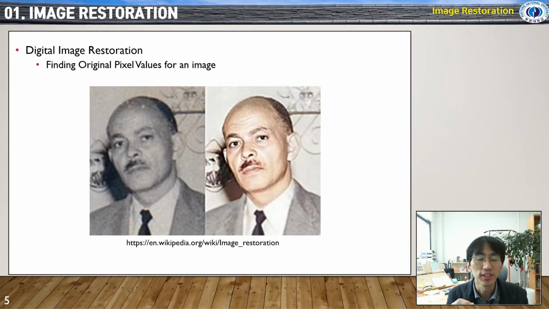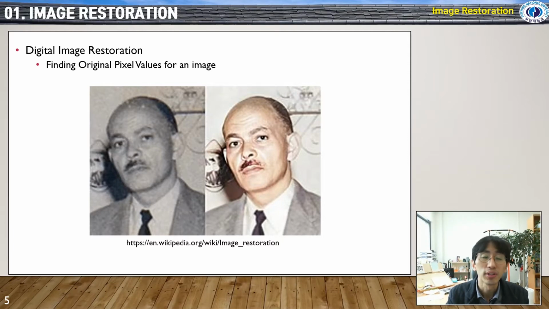The digital information is just saved in your hard disk, but somehow it could be broken. Maybe it could be burned, or water may go inside your hard disk, your computer, or you may drop your flash memory, or anything could happen. So then your image could be distorted.